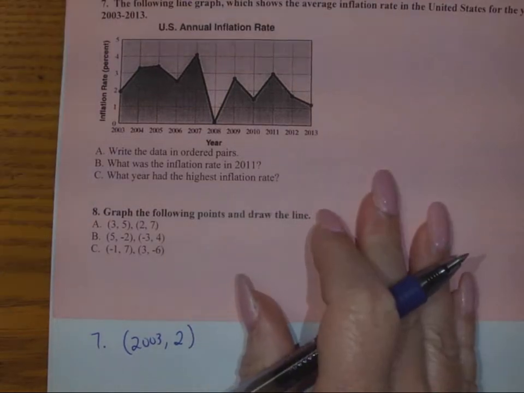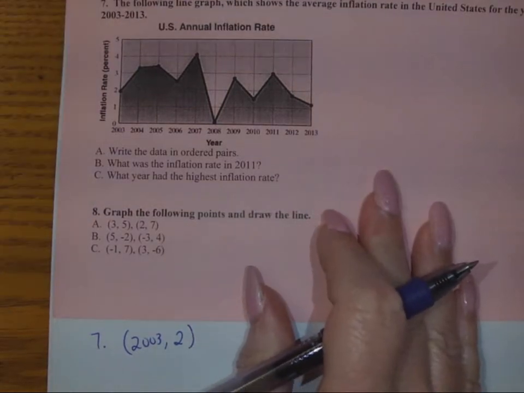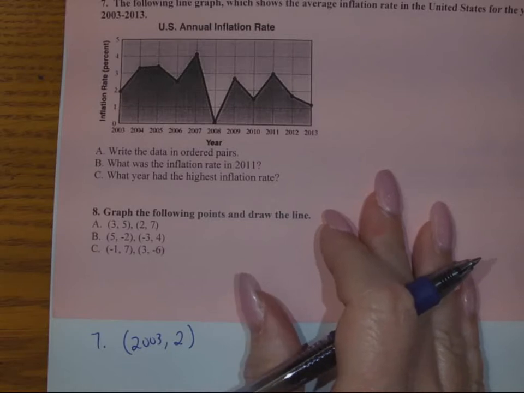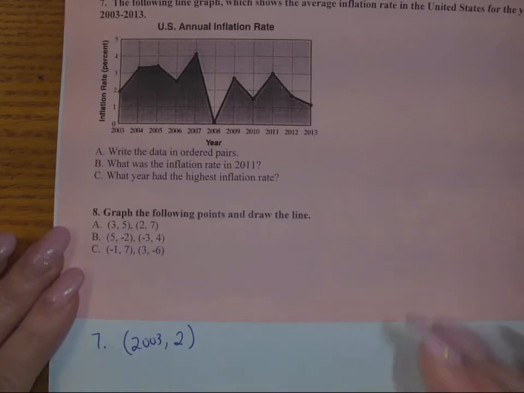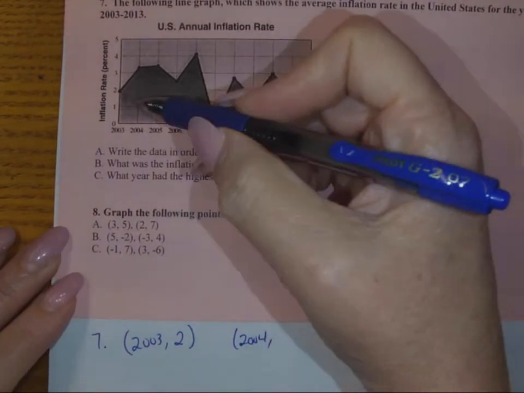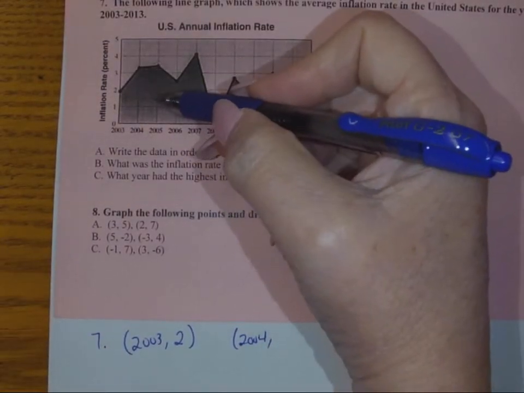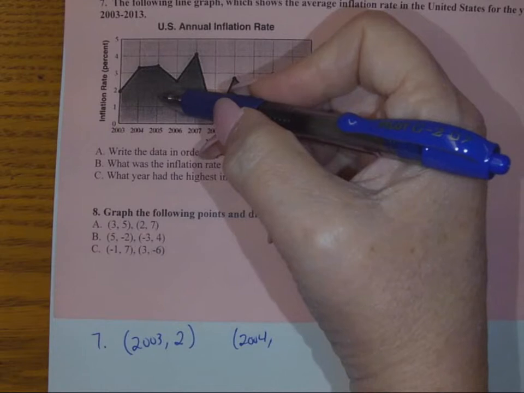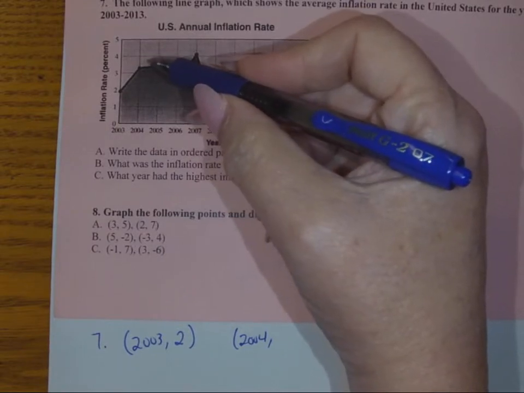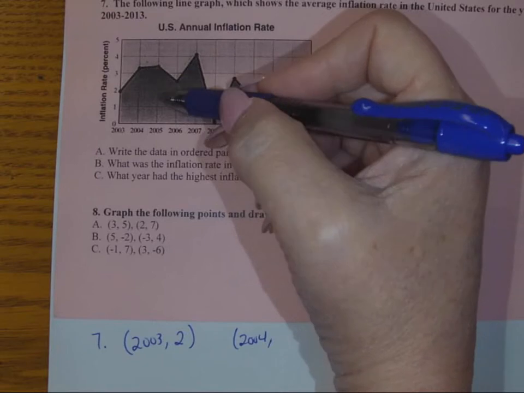When we look at the next one, we are looking at 2004, and we're looking for the value. We are past 3, but we are not all the way to 4, and we're not even quite halfway to 3. So here you're going to do a little estimation.